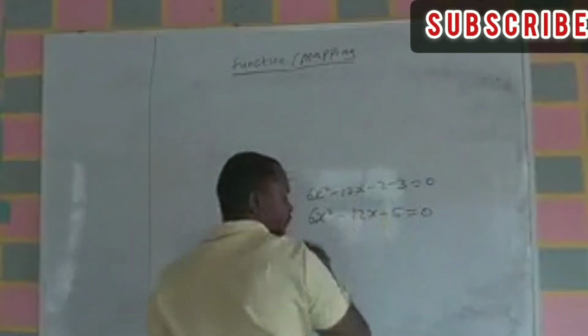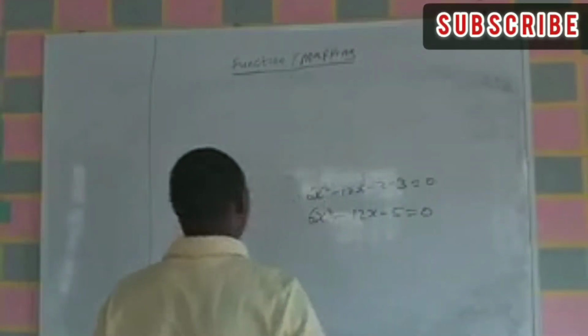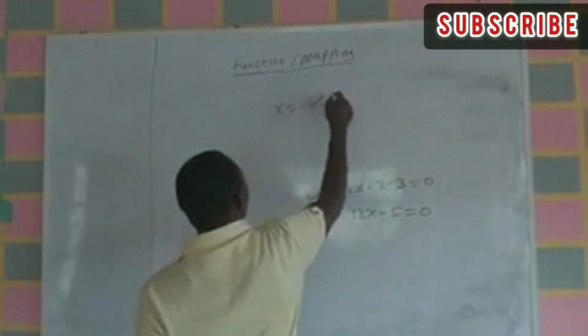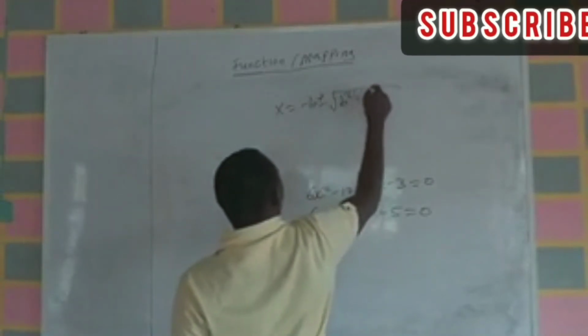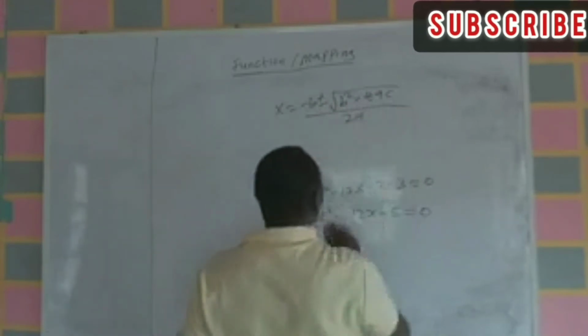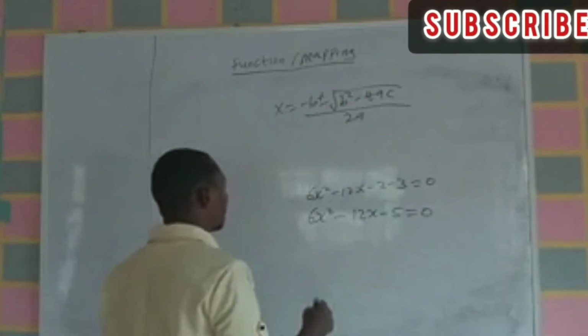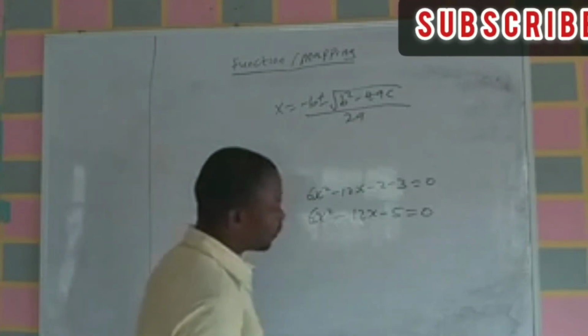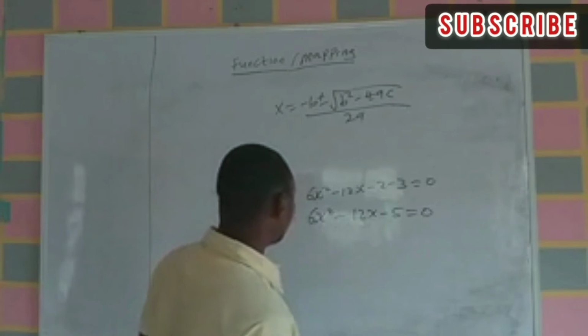So what is this formula? This formula is x equals minus b plus or minus the square root of b squared minus 4ac, over 2a. So what we are going to do is substitute from this equation.